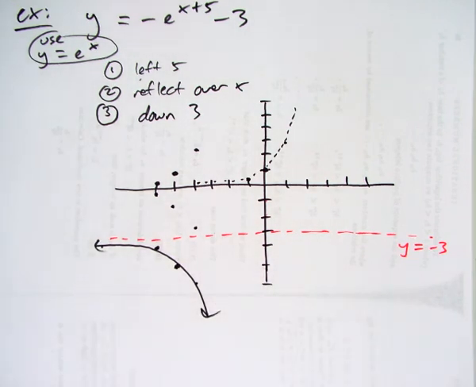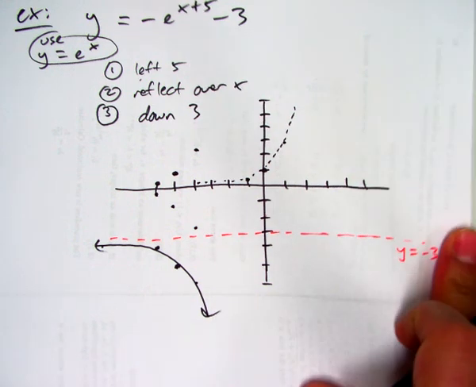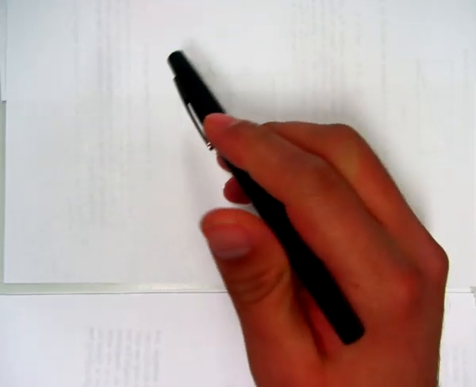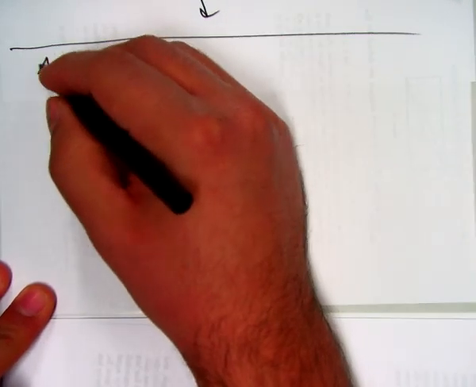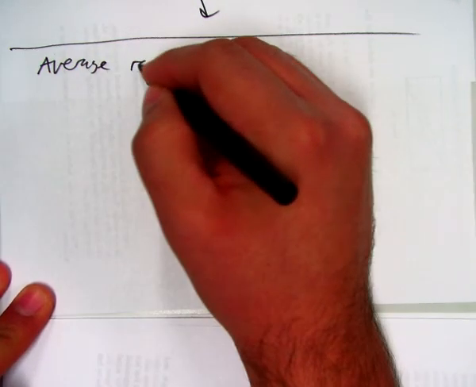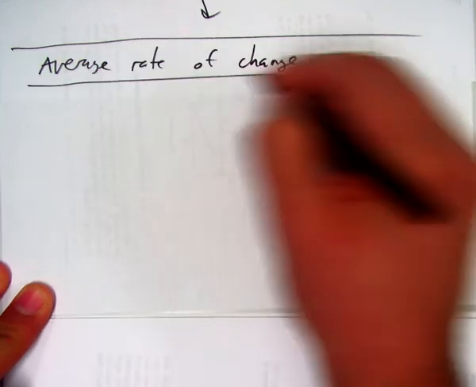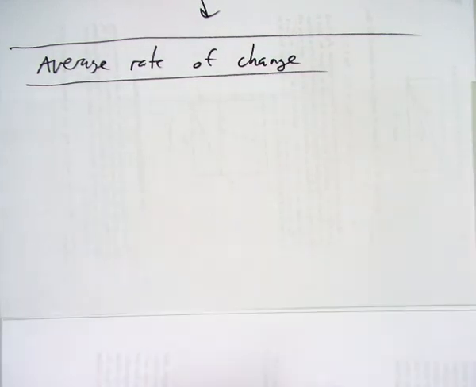So that's how to graph these, move them around, shift them around. No big deal. The last thing I wanted to talk about in this section was something that we've done a while back, but now we're going to deal with a little more, which is average rate of change, in particular with e to the x.